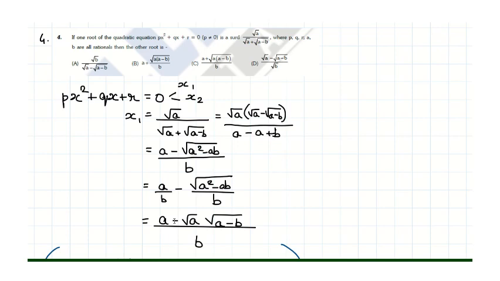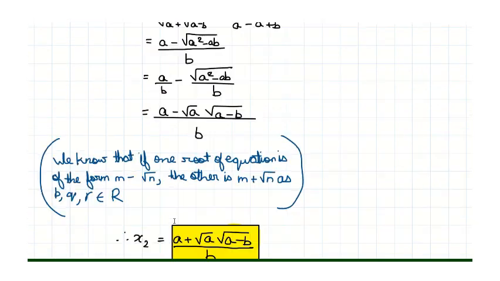We know that roots of an equation, if irrational, occur as conjugates. Thus, we have the other root of the equation as (a plus root a times root (a - b)) divided by b, which gives us option C.